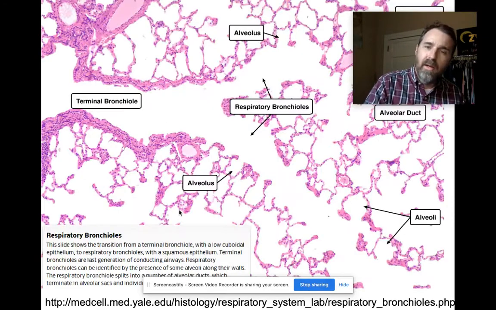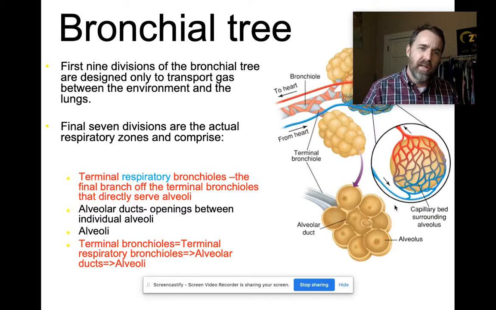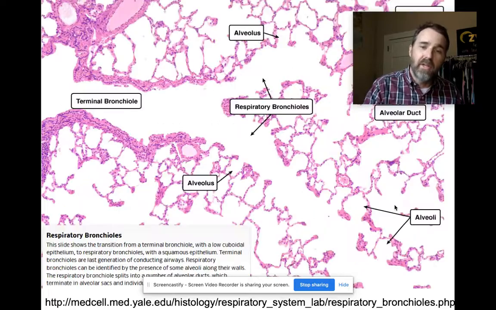The alveoli are these tiny sacs full of air that are wrapped up in capillaries, and this is where the actual work of respiration happens. This is where your exchange of carbon dioxide and oxygen with your environment actually occurs.